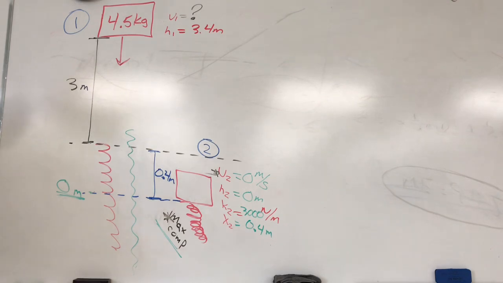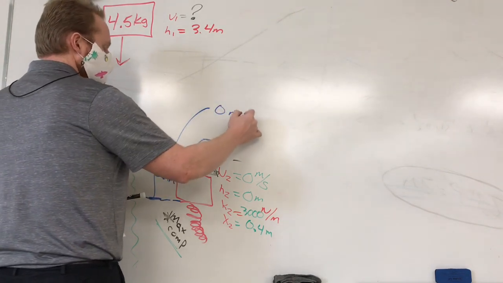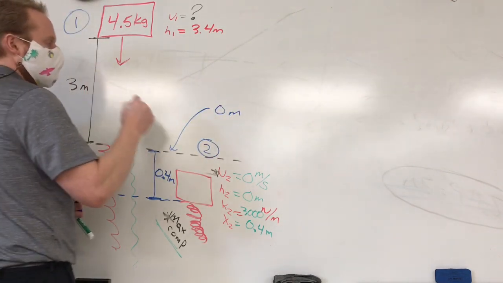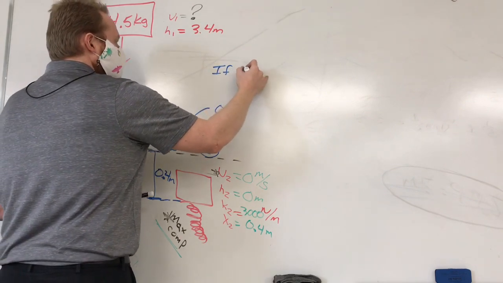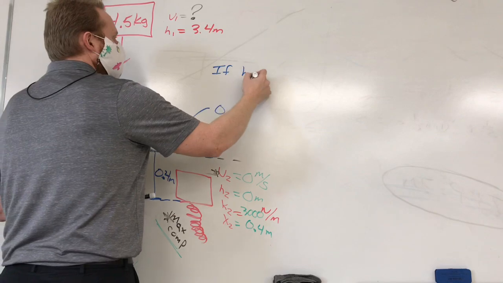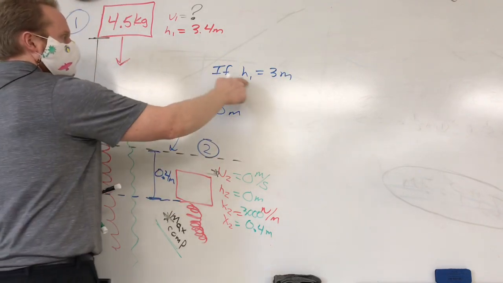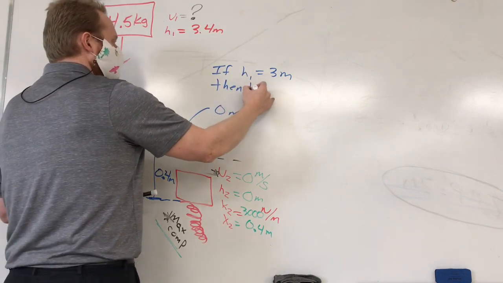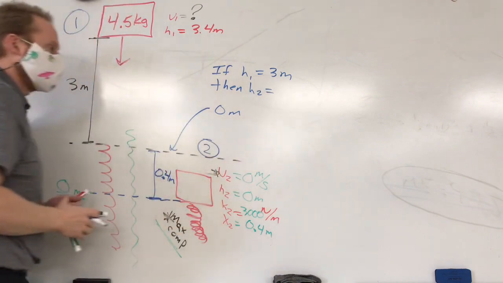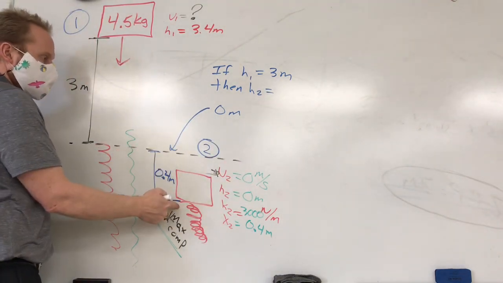I do want to point this out really quick, that if you would have chosen this black dashed line to be 0 meters, that would have been fine. If that was the case, then we would have said that H1 was 3. However, H2 would not have been 0.